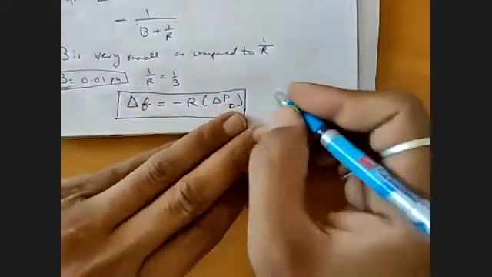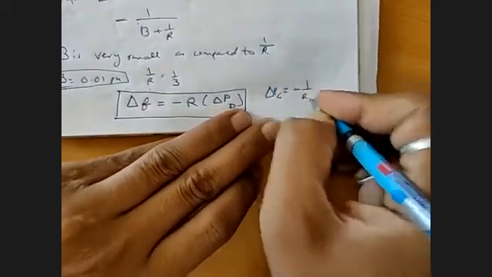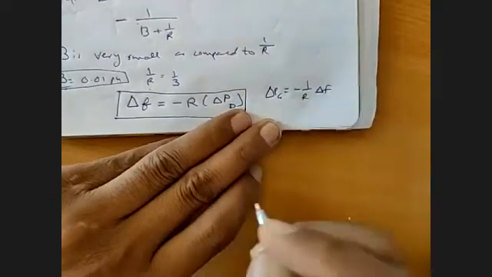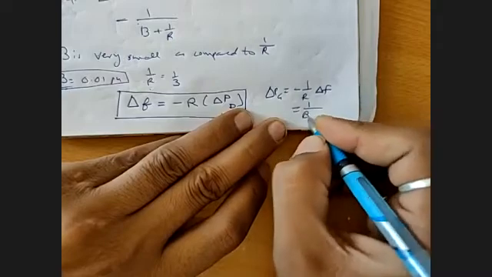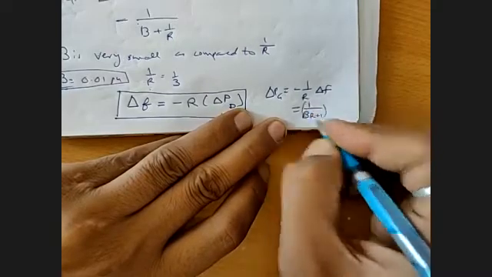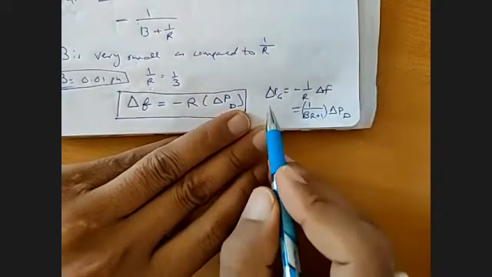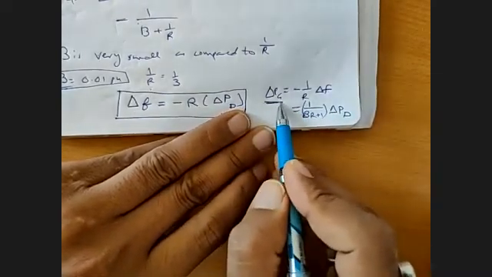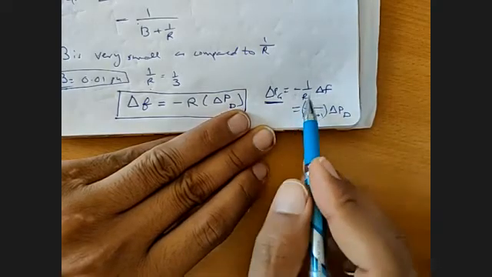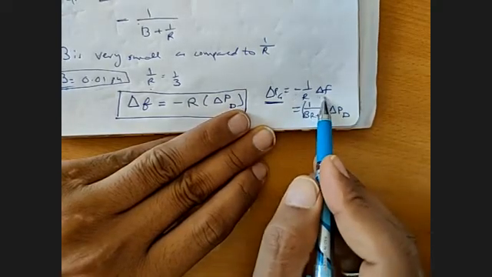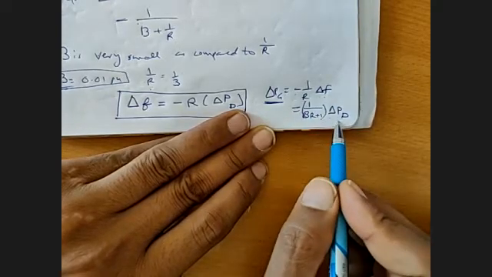So delta PG is minus 1 upon R into delta F, or 1 upon BR plus 1 into delta PD. So this is your change in generation.